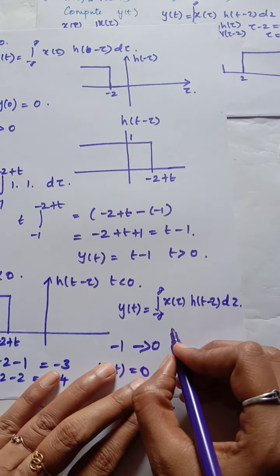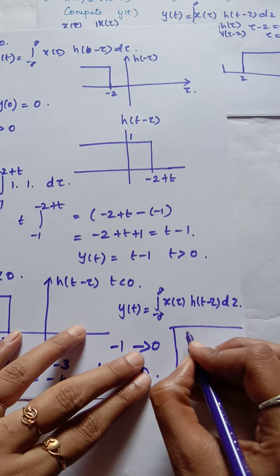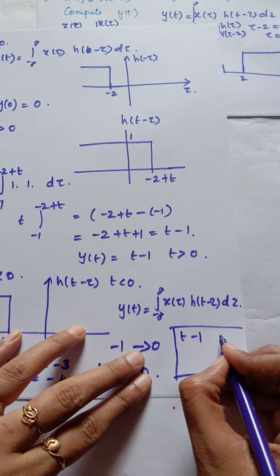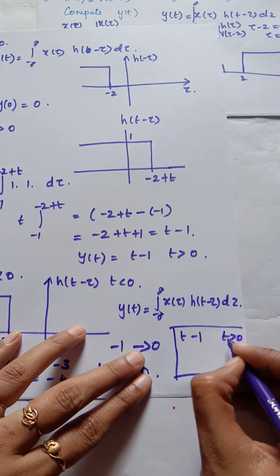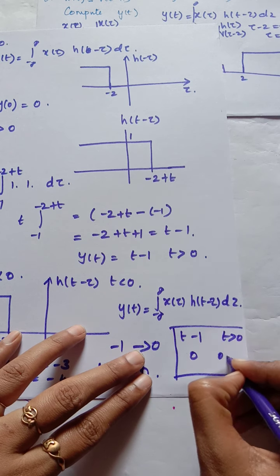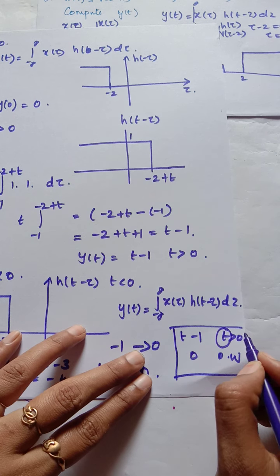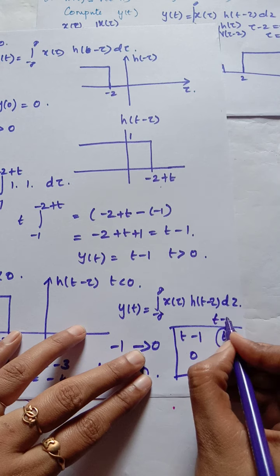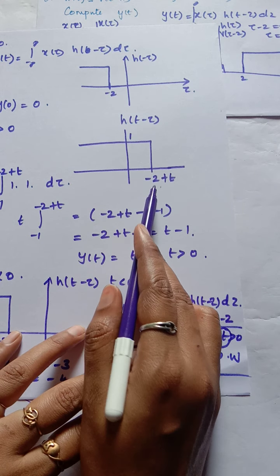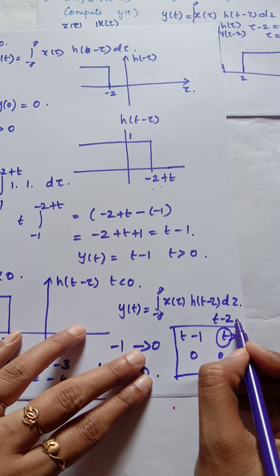So finally, what we need to do is: here it is t minus 1 for t greater than 0, and 0 otherwise. Instead of this, here I have to consider t minus 2, because here the t is t minus 2, greater than or equal to minus 1.